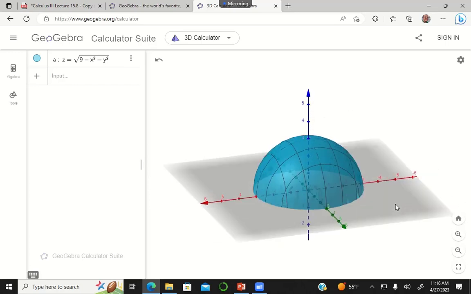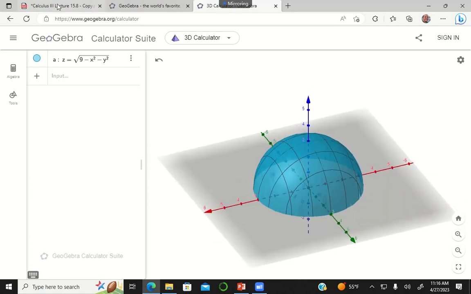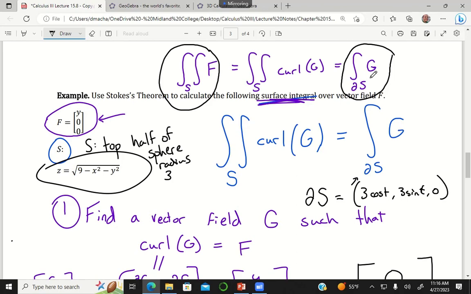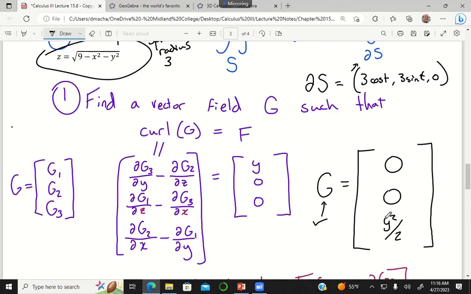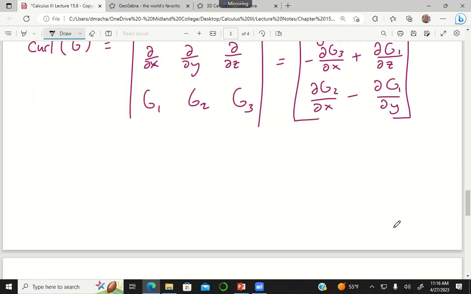Okay? Cool. So now I can take this integral over my vector field G around that path, and we'll be good. A path integral is just going to be a single integral, and my parameter t is going to go from 0 to 2 pi because it's tracing the circle.